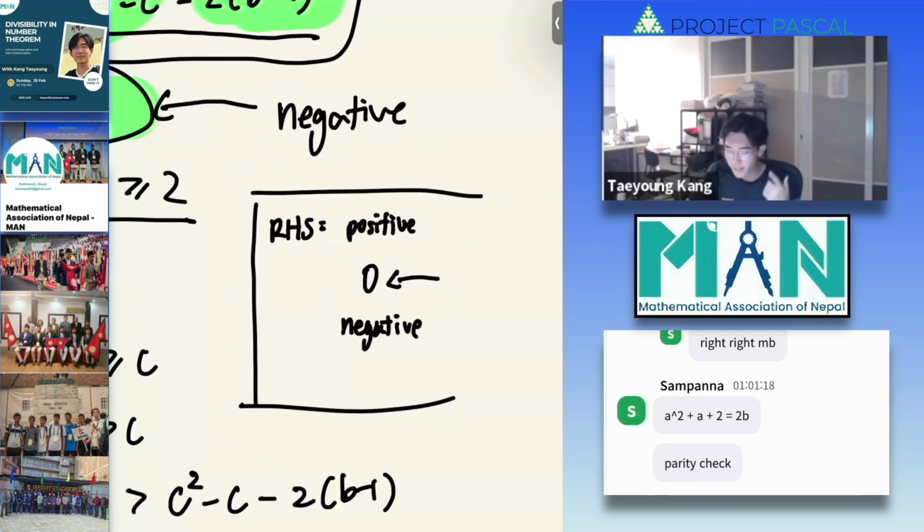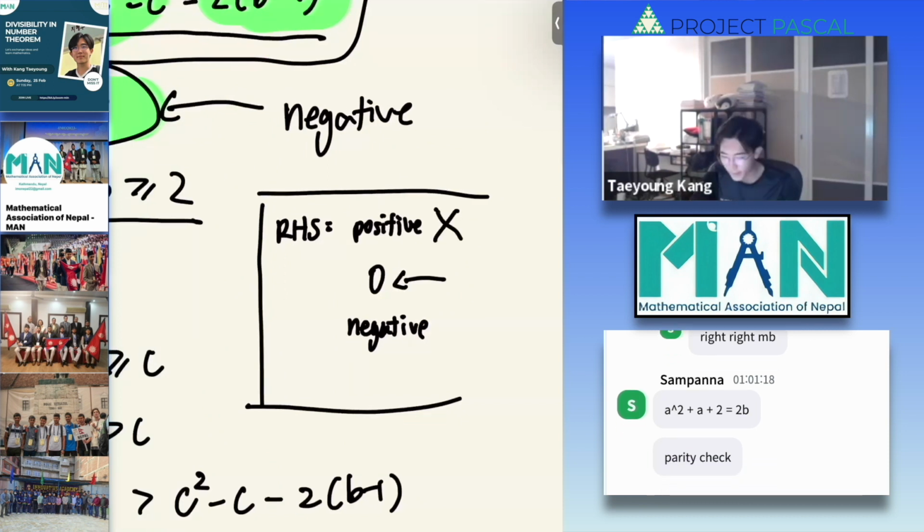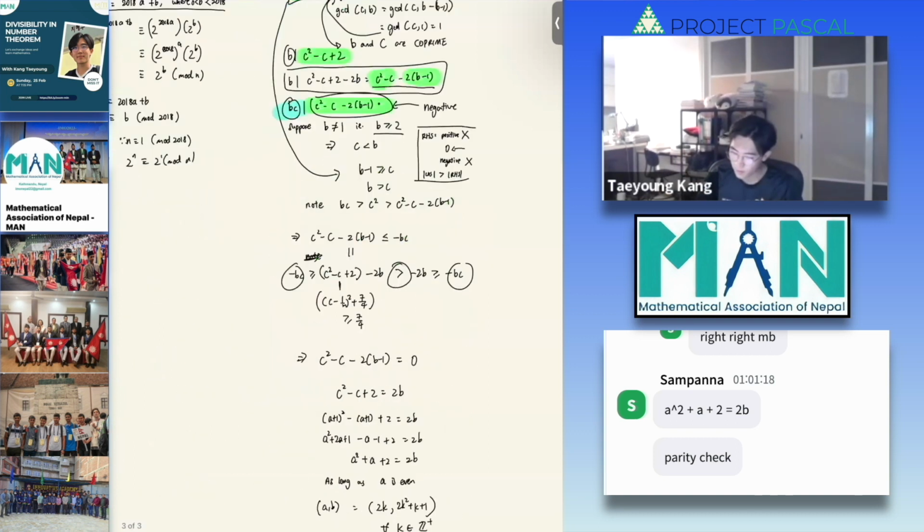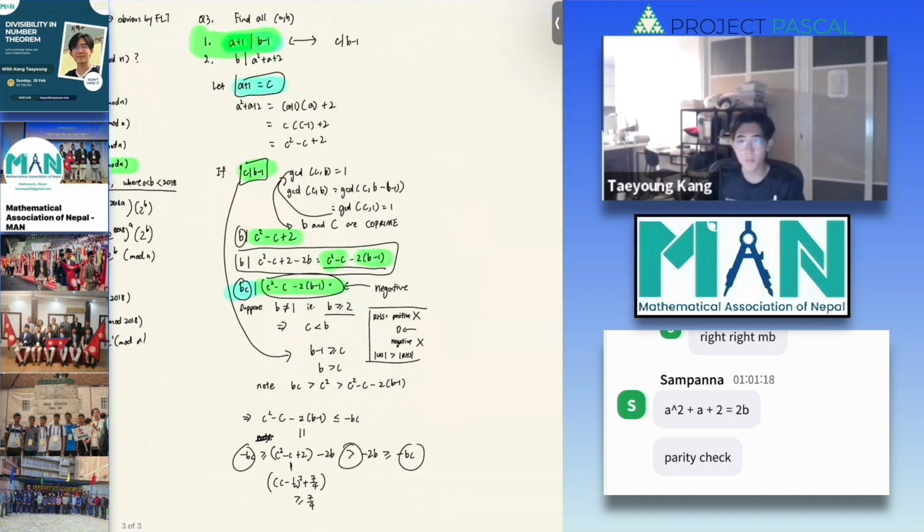So we want to show that it cannot be positive and it cannot be negative, and we must remember to show it. A very easy way to show it sometimes is to show that the modulus of the left-hand side is larger than the modulus of the right-hand side. Then it covers both the positive and negative cases, and it just gives us that the right-hand side must be equal to 0. Yeah. So do you guys have any questions about problem number 3?